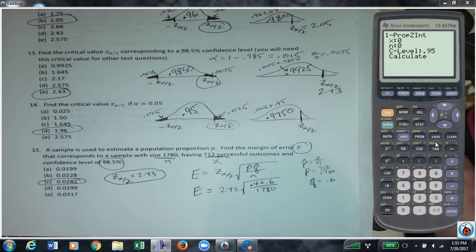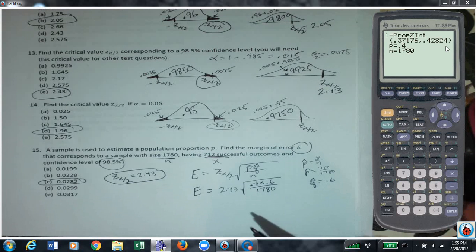So x was 712. N was 1780. And my confidence level was 98.5, so I do 0.985. And then I go down here and I ask it to calculate. All right, so that's going to give me the confidence interval.